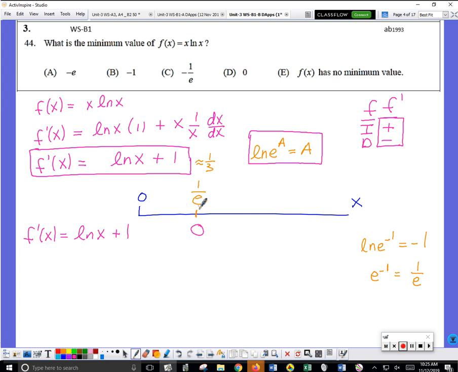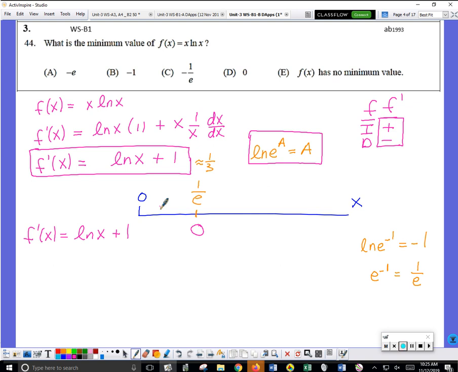So this is 1 over e. I need something that's smaller but related to e. Hands up if you know what I'm thinking. What value can go here, smaller than 1 over e, but associated with e?